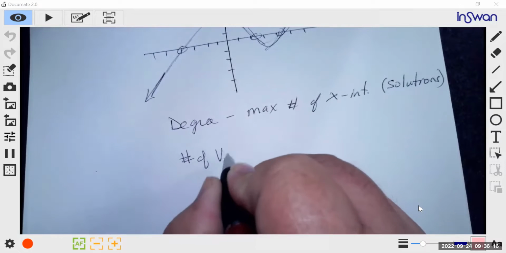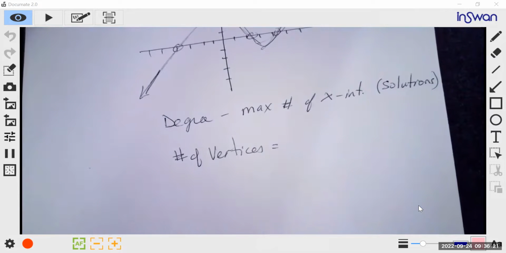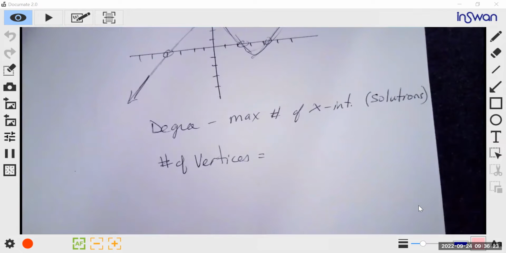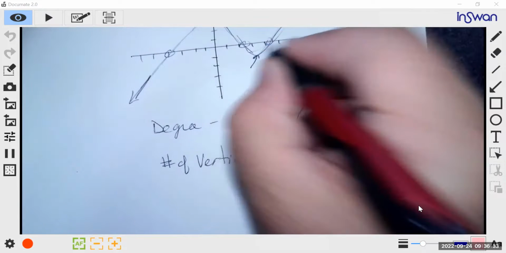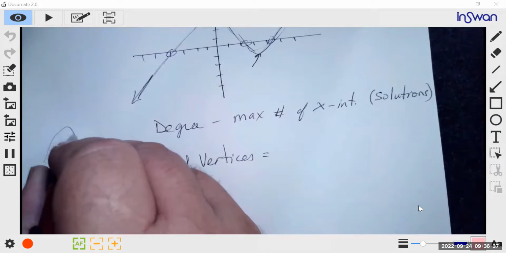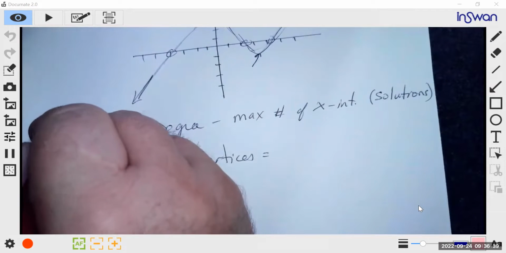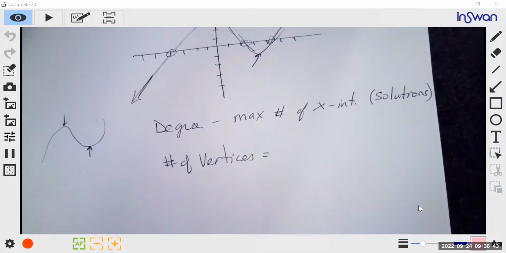What is a vertex? It's the highest or lowest point on a curve. When you're on a roller coaster, the point where the roller coaster doesn't go up or down, those are the vertices.